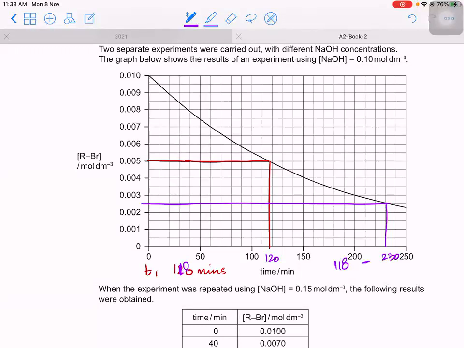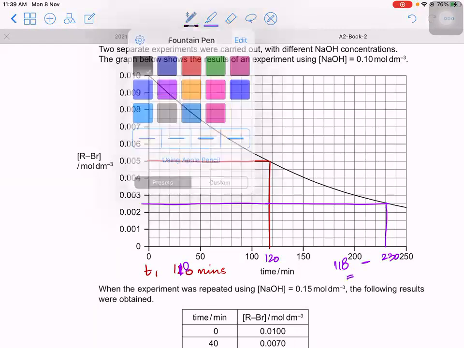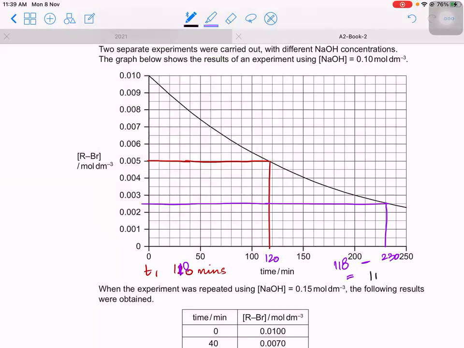That comes out to be how much? 112. Yes. So you see the half-lives are roughly similar. 118, 112, roughly the same. So T1 is equal to T2. Therefore it will be first order.